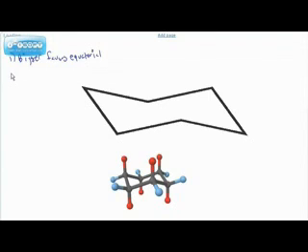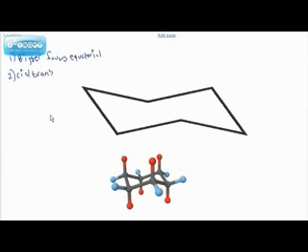We know that depending on where these substituents end up, because they favor equatorial, we can denote them as being either cis or trans to each other. Cis or trans. And so with this information, we can start to name cyclohexanes or substituted cyclohexanes by their names alone.